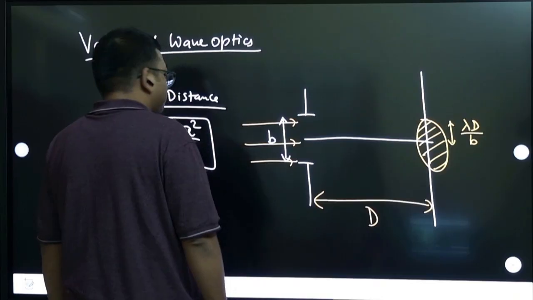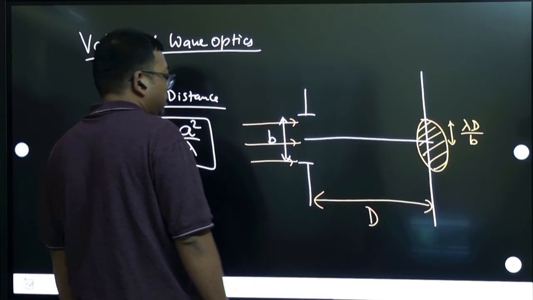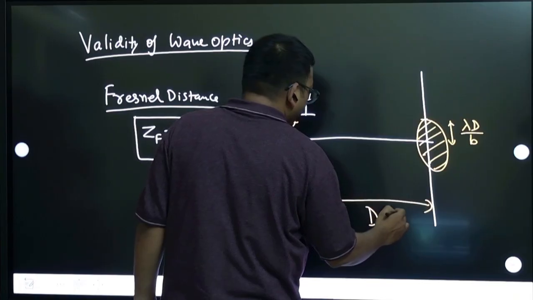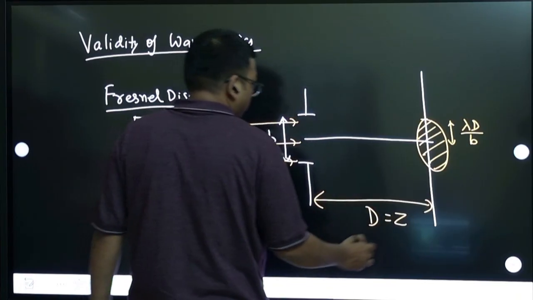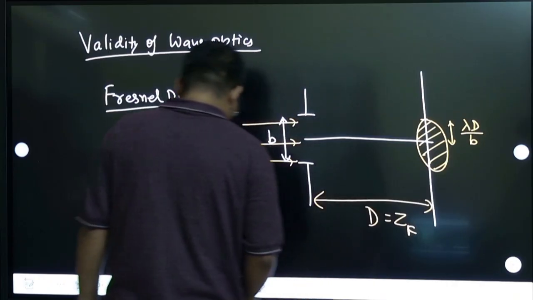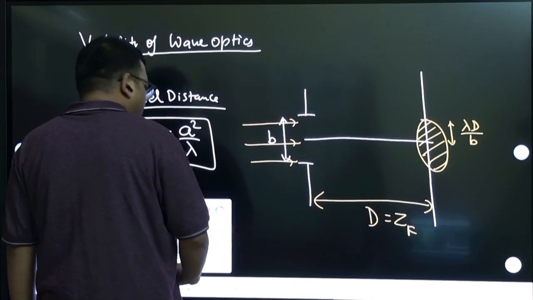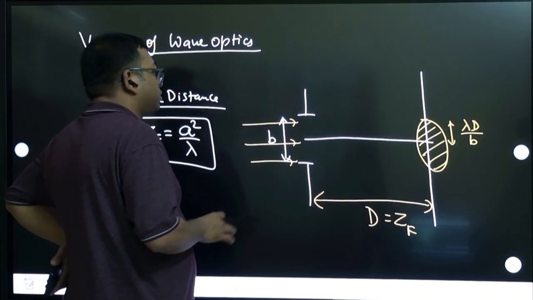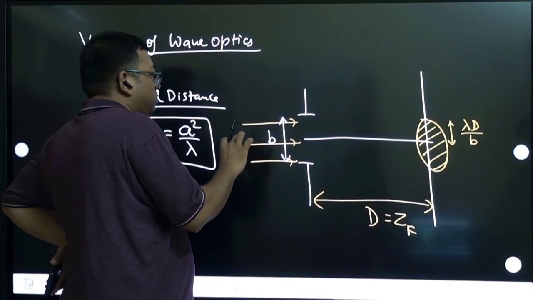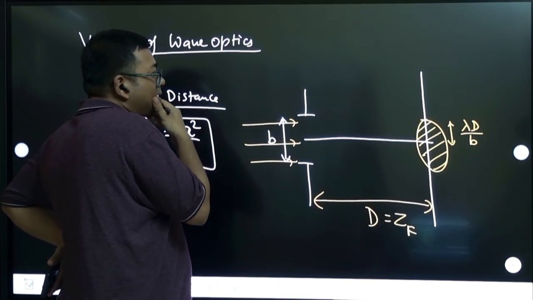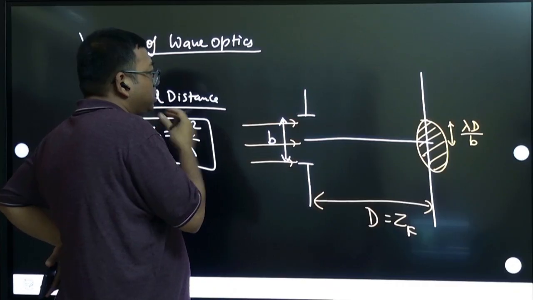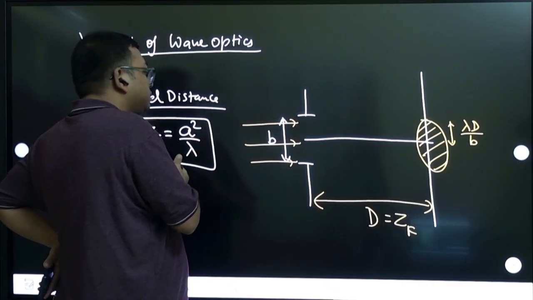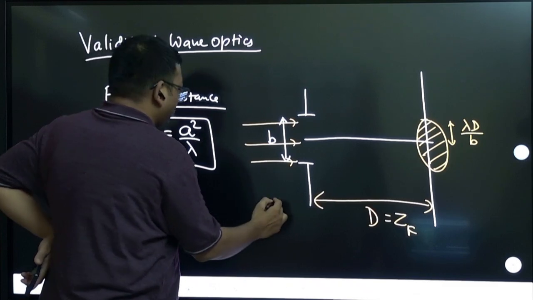This d we are going to call the Fresnel distance z. Here b or a is the same thing; you may call b as a.